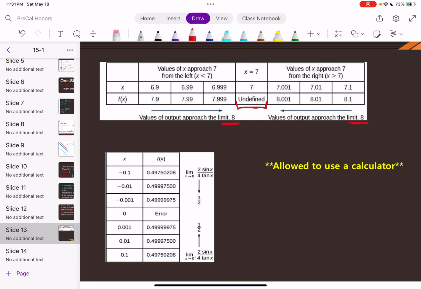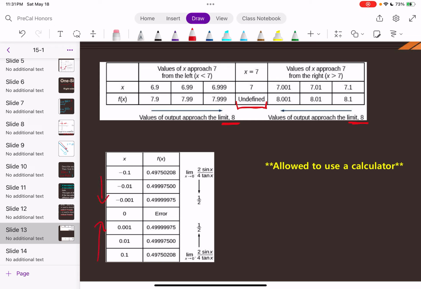The same thing can occur for our bottom graph. Notice, different equation, but same scenario. Notice we are approaching from the left side with negative numbers, and positive numbers from the right side, to approach 0. In this case, we would generally assume that on the left side with our negative numbers, we would be approaching 0.5.